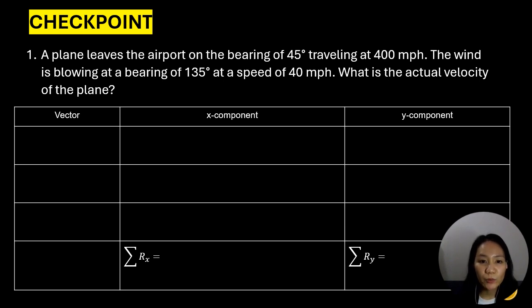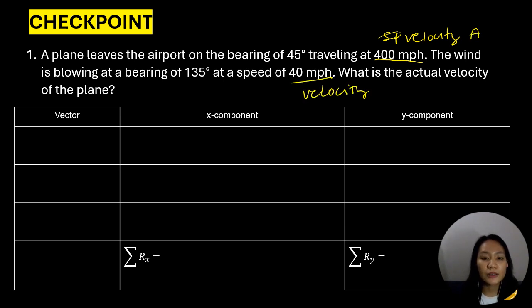The wind is blowing at a bearing of 135 degrees at a speed of 40 meters per hour. What is the actual velocity of the plane? So if we evaluate this question, you're given two vectors which are both velocities. So we have velocity A and velocity B.